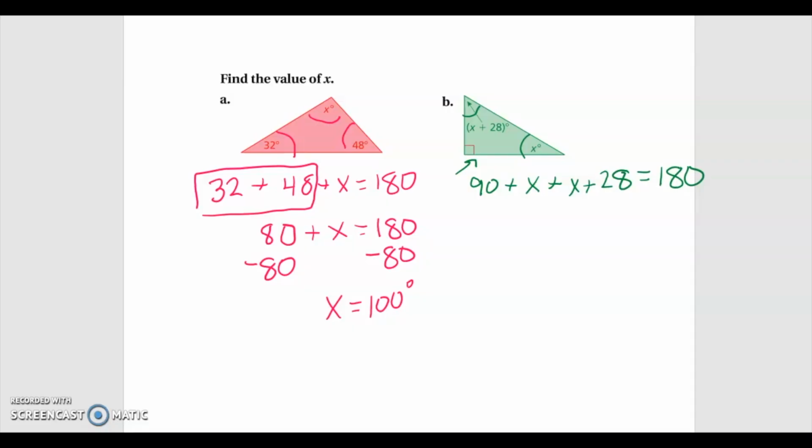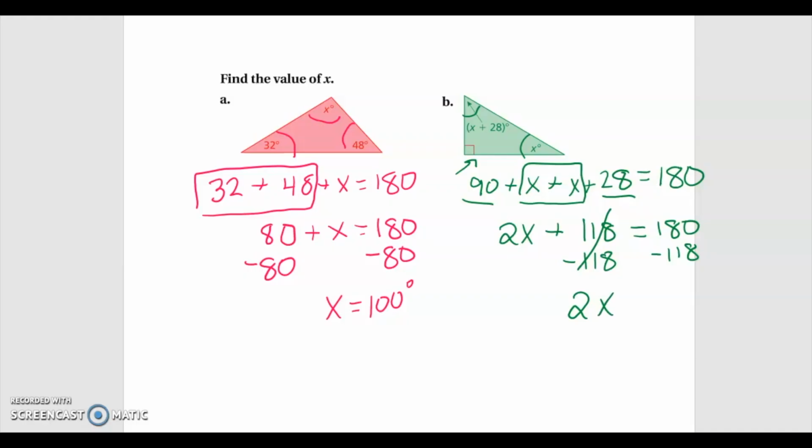So now I've written an equation, and I'm going to solve my equation by combining my like terms. So 2x plus, I need to add 90 plus 28, which is 118, equals 180. Now I need to get x all by itself, so I'm going to subtract 118 from both sides, and I have 2x equals 62.